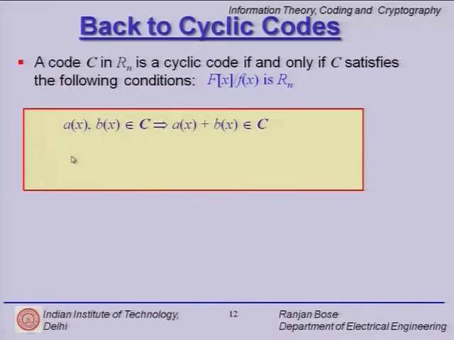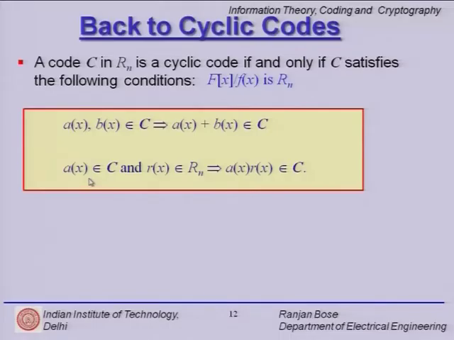No problem, because polynomials have a 1-to-1 correspondence with code words. So, if two code words belong to C, I can equivalently state that A(x), which corresponds to code word 1, and B(x), which corresponds to code word 2, they both belong to C. And consequently, the sum of any two code words, here in this case code word polynomials, is also in C.